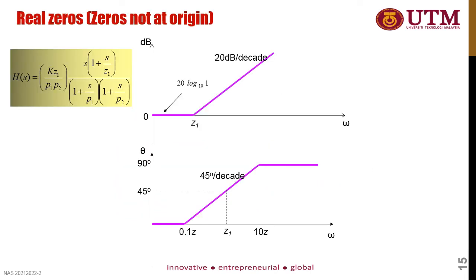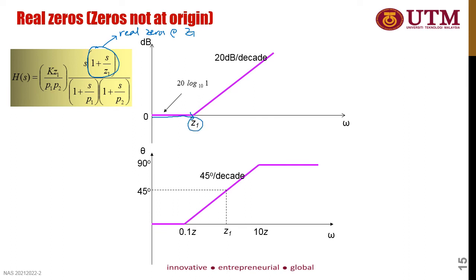Let's look at when you have real zeros at Z1. How does the frequency response look? It will be a constant line at 0 from the previous decades up to the Z1 value, and then it will have a positive slope of 20 dB per decade from Z1 onwards.